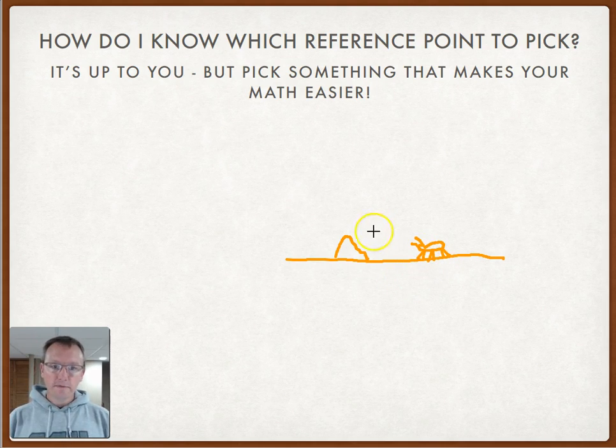Also, let's imagine for a minute that we're trying to measure the position of the bug. If I pick the rock as a reference point there, I'm going to call it reference point 1, I can measure the distance that the bug is away to the right from that reference point.